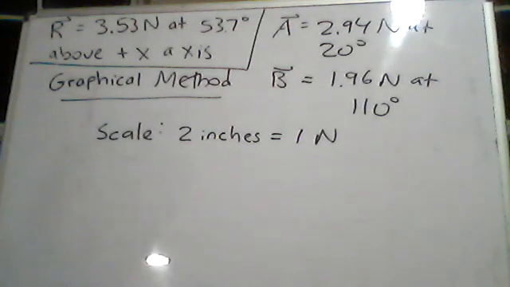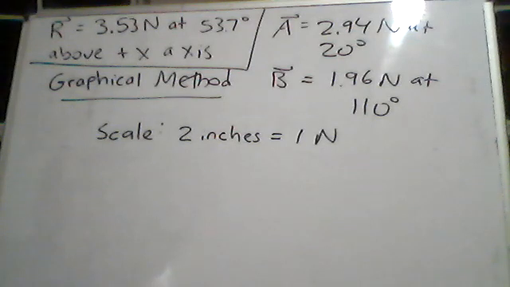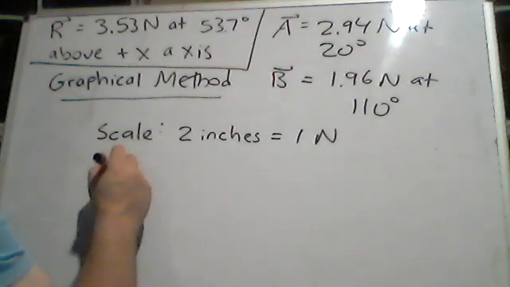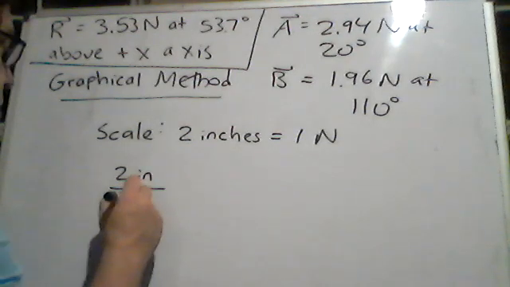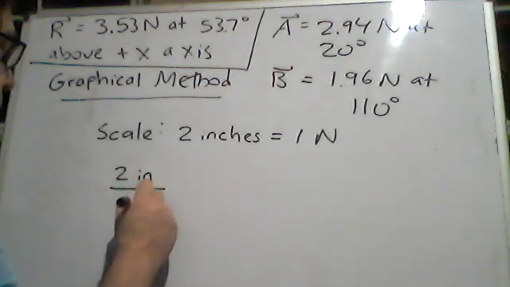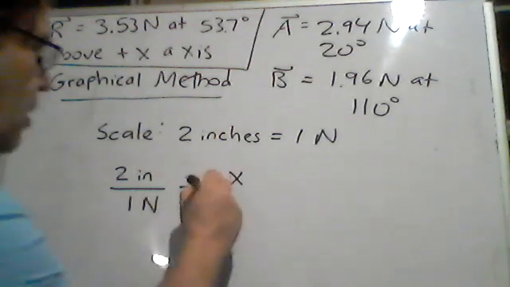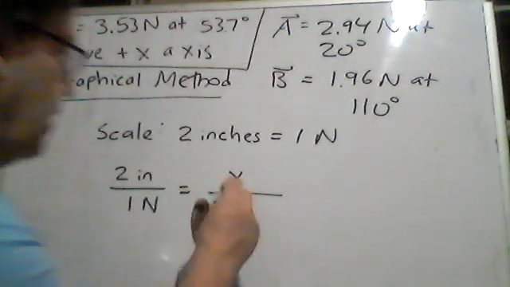All right, we'll say, okay, I have 2.94 newtons. How long is that going to correspond to? So I would do a simple proportion; the only math I'm going to have to do in this method is simple proportion math. If I know that 2 inches per 1 newton, the question is, and this is an Algebra 1 problem, what is my length for 2.94 newtons?